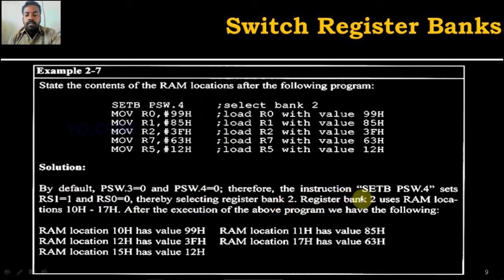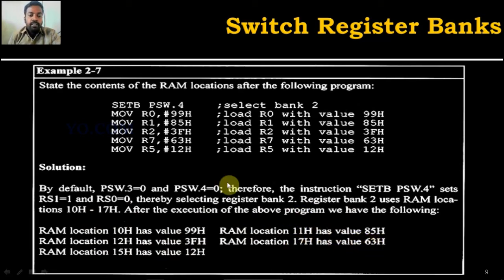Register bank 2 uses RAM locations from 10H to 17H. After the execution of our program we will have the following RAM locations: 10H has 99, 12H 3F, 15H 12, then 11H 85, 17H 63.